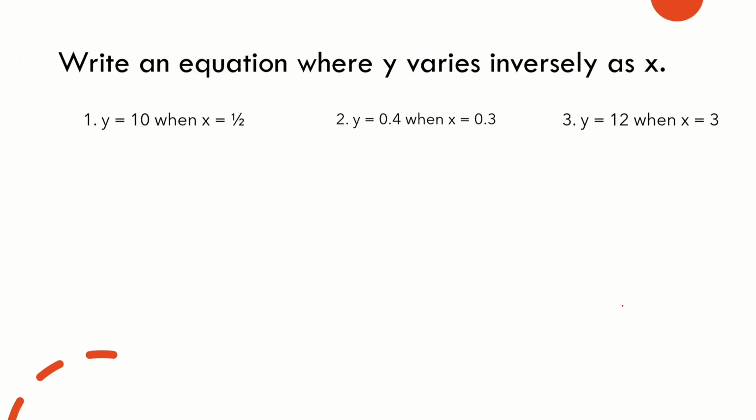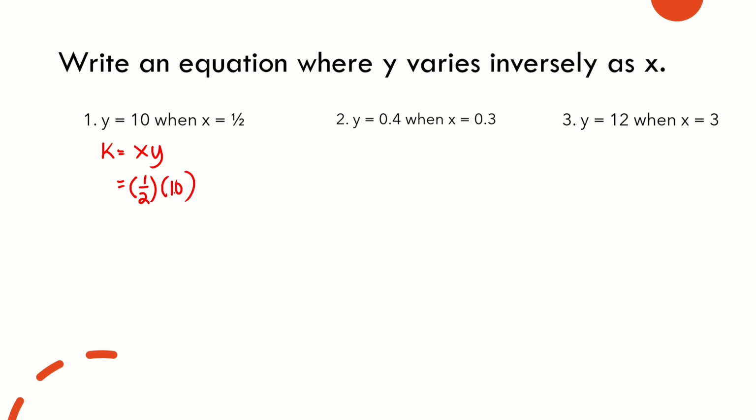Okay, let's try to write an equation where y varies inversely as x. In problem number 1, we have y is equal to 10 when x is equal to 1 half. Again, our first step is to find k. To solve for k, k is equal to x times y. The value of our x here is 1 half and our y is equal to 10.